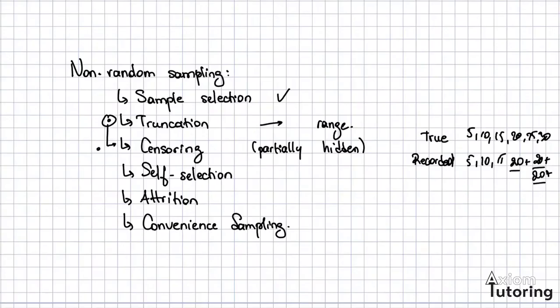So as you see here, we have this 20 plus. For instance, a survey records all incomes above 100,000 simply as 100,000 or more. And these individuals are still in the data, we just don't know their exact income. And this is that crucial distinction from truncation, because in truncation, the observation is gone, it disappears. In censoring, the observation simply stays hidden, the actual value is clipped.